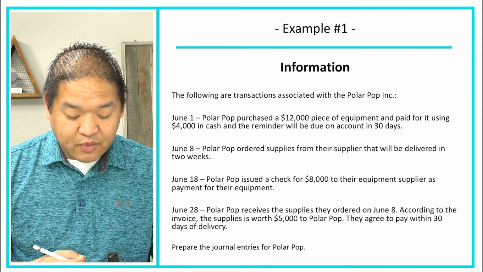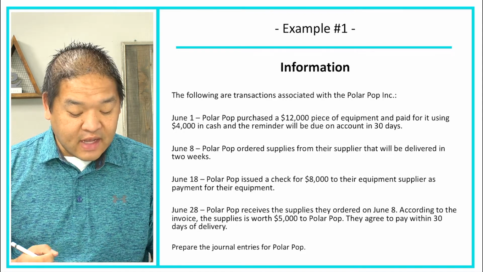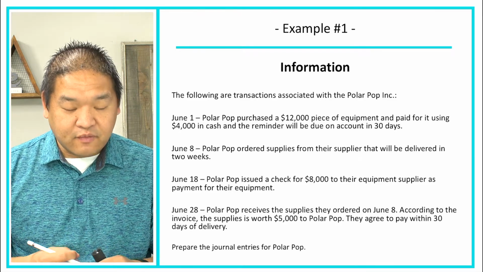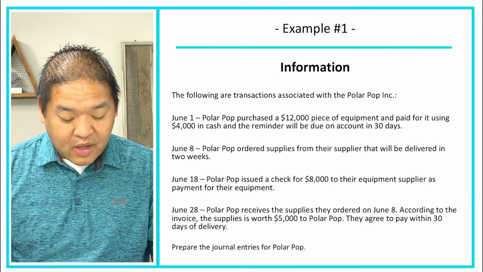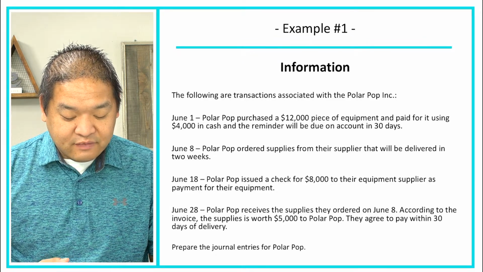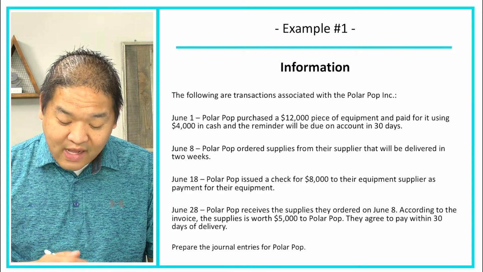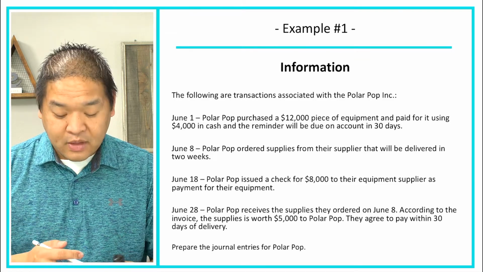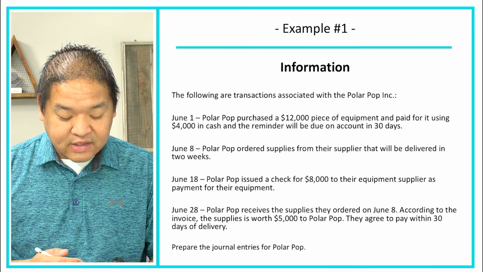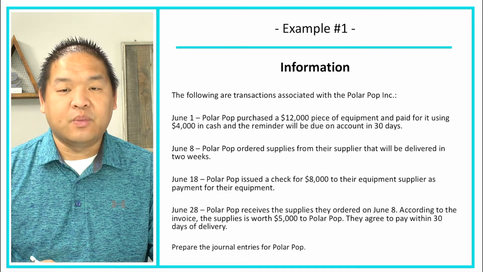On June 18th, Polar Pop issued a check for $8,000 to their equipment supplier as payment for their equipment on June 1st. And then on June 28th, Polar Pop received the supplies they ordered on June 8th. According to the invoice, the supplies are worth $5,000 to Polar Pop. They agreed to pay within 30 days of delivery. Prepare the journal entries for Polar Pop.